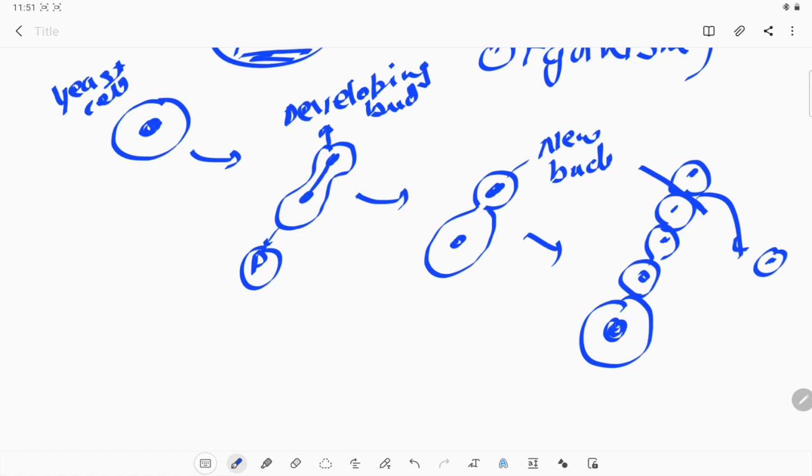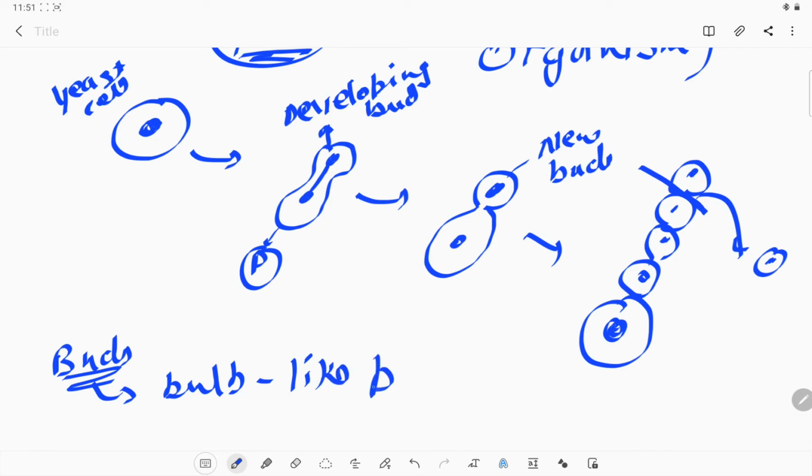What are buds? Buds are small bulb-like projections, as you can see in the figure, coming out from the yeast cell. Whenever they are ready to grow, they detach from the parent body and form a new individual. This is how the budding process takes place.